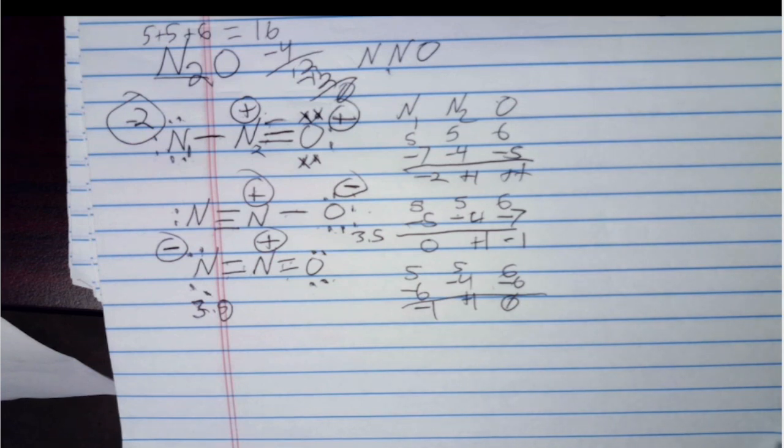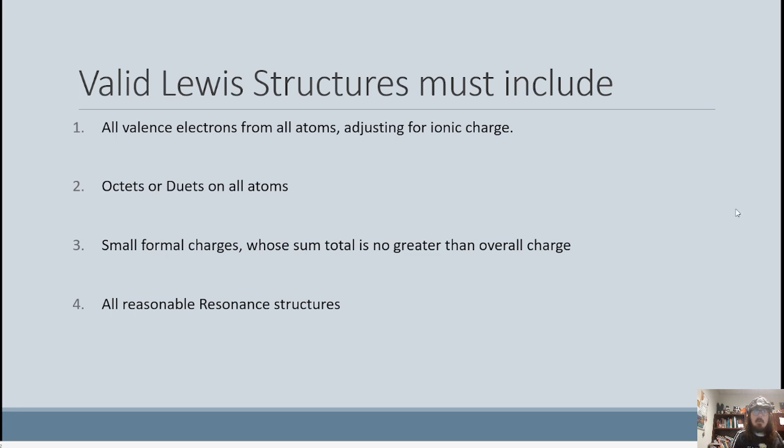Okay, last slide before we end this video is just a quick summary of all that we've talked about. So now, when we think of our valid Lewis structures, these rules need to be taken into account. The best Lewis structure should have all valence electrons from all atoms accounted for, adjusting for ionic charge.